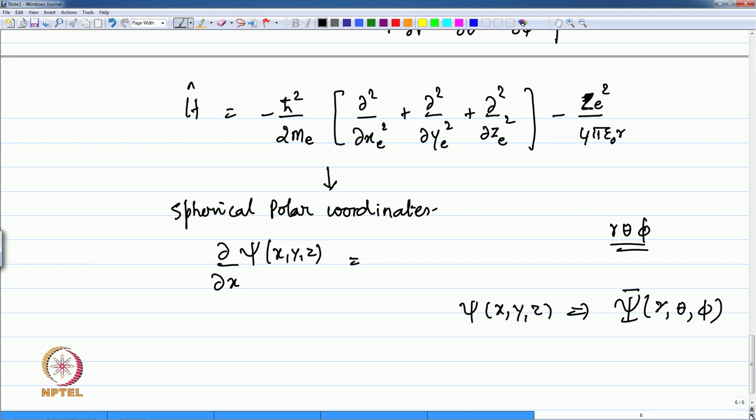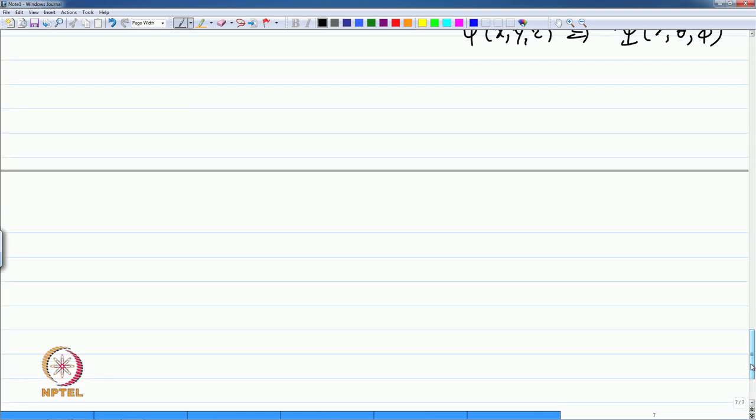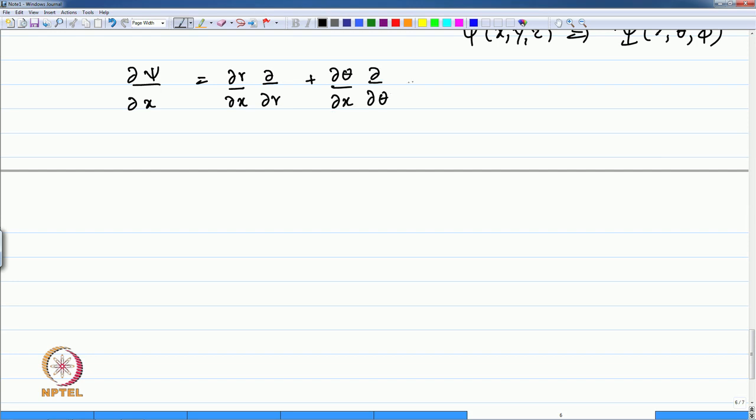Then there is a very simple partial derivative chain rule which tells you how to calculate ∂ψ/∂x as nothing other than ∂r/∂x ∂/∂r plus ∂θ/∂x ∂/∂θ plus ∂φ/∂x ∂/∂φ acting on the wave function ψ of r, θ, φ.